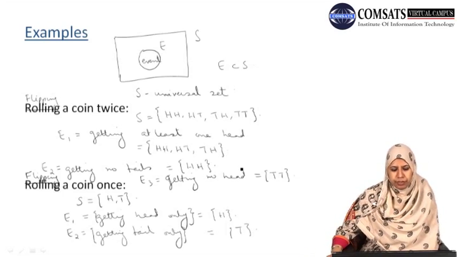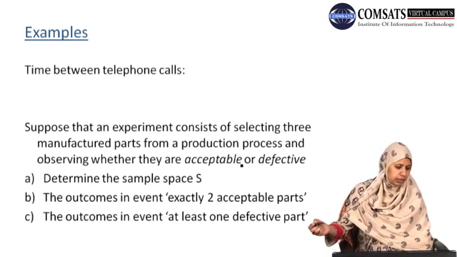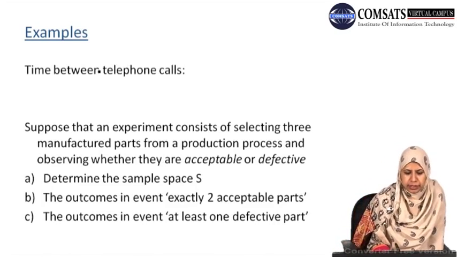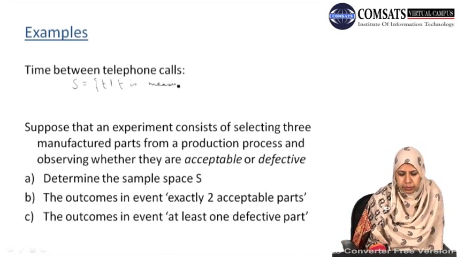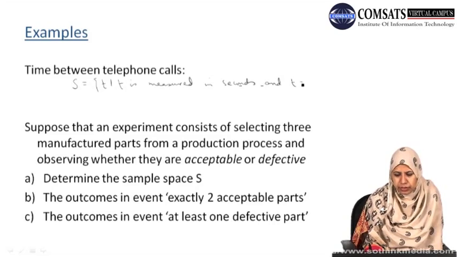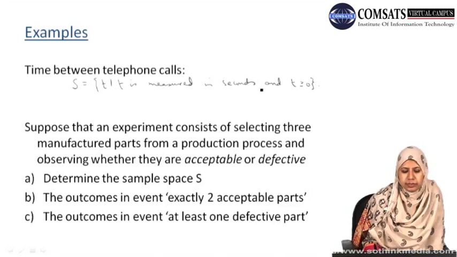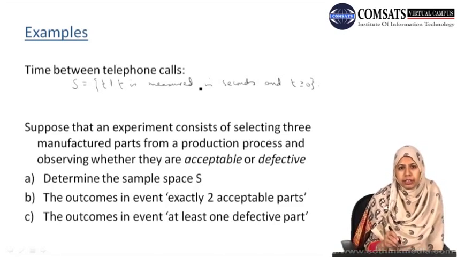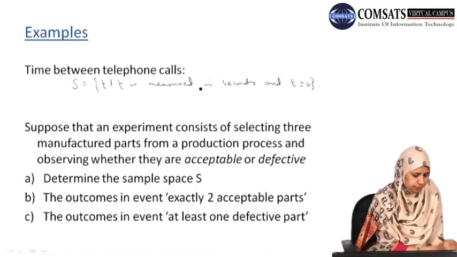If we consider our example of telephone calls, then the sample space defining our telephone calls was T, such that the time is measured in seconds and time is greater than or equal to 0. So this was our sample space obtained by defining the difference between two telephone calls at a telephone exchange.